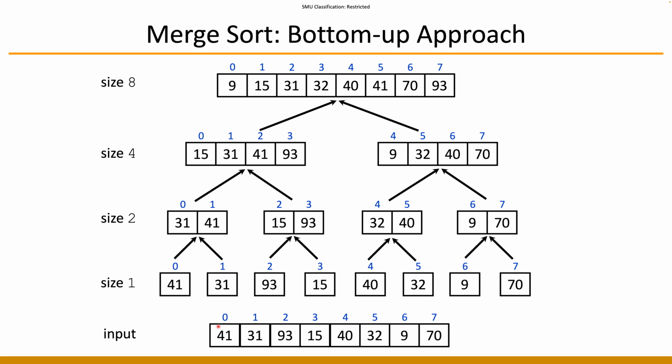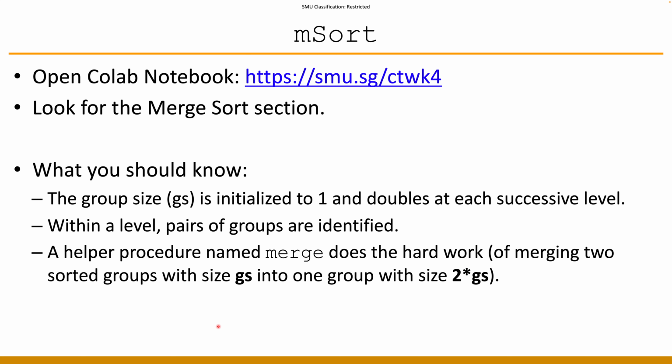So this is a very quick visualization showing how merge sort actually works. If you want to actually see it in action, again, you can open up the COR-IS notebook and execute the specific section on merge sort. What you should know when you begin to look at the code is that we use GS to represent the group size.